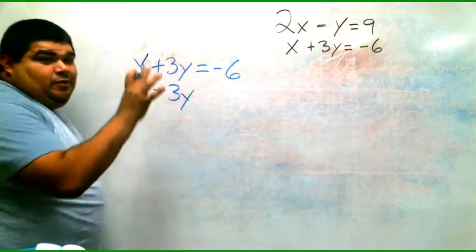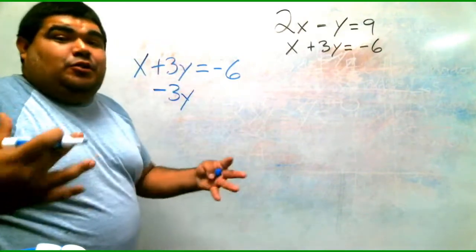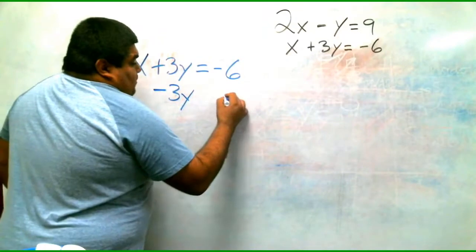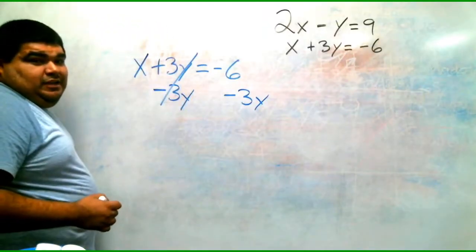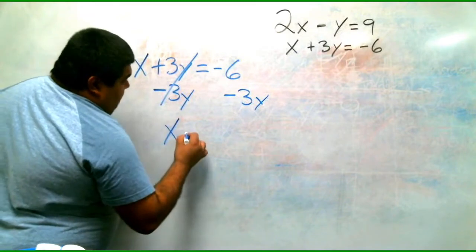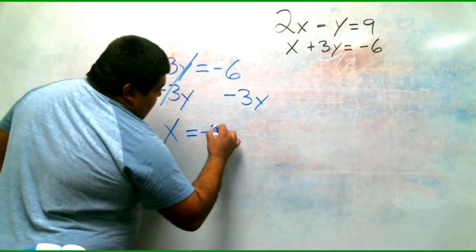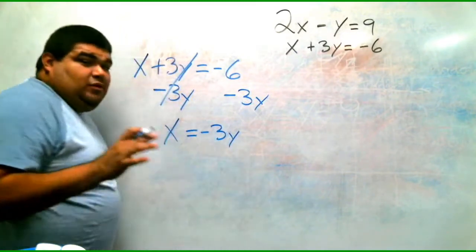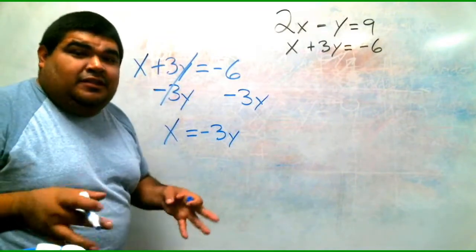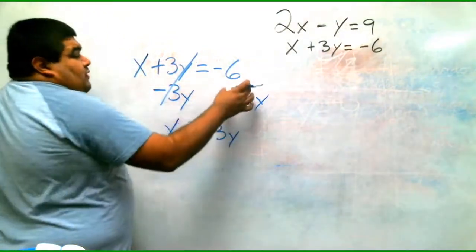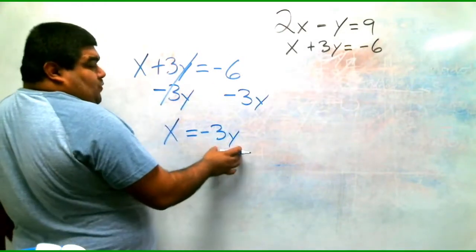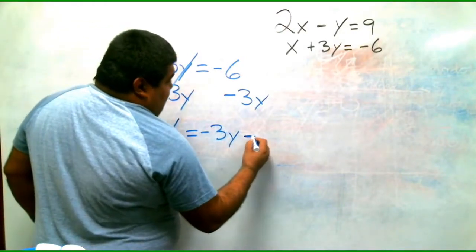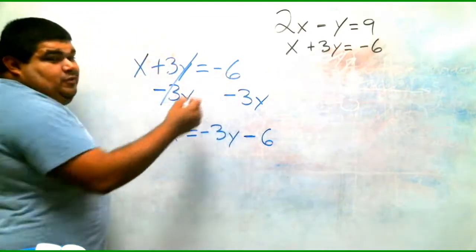We want to move the whole thing, 3y. We're trying to leave x alone. Minus 3y on the other side cancels out on one side. So we have x equals negative 3y. Always put the variable first and then the constant at the end. They cannot combine because one has a variable, one doesn't. So it's negative 3y minus 6. Don't forget the one you had before.